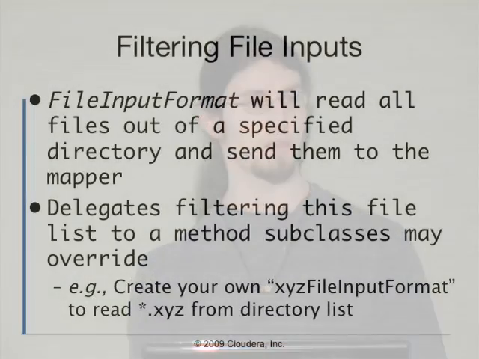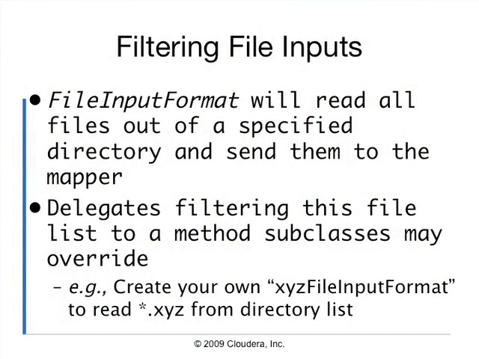All of these formats extend FileInputFormat, and so if you use FileInputFormat's addInputPath when configuring your JobConf, this will read all the files out of a specified directory and send them to the mappers. It has a single method that it uses to actually determine which files to read, though.